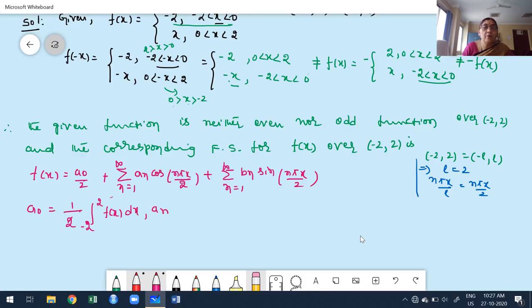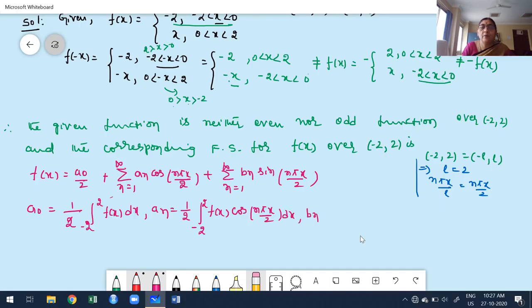What is my a n formula? 1 by L, that is 1 by 2, integral from minus 2 to plus 2 of f of x cos of n pi x by 2 with respect to x.